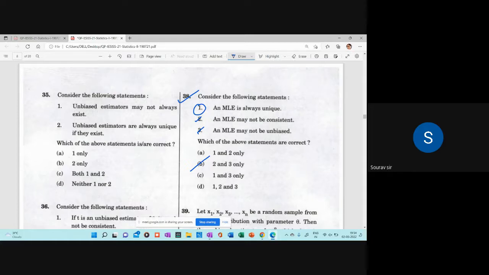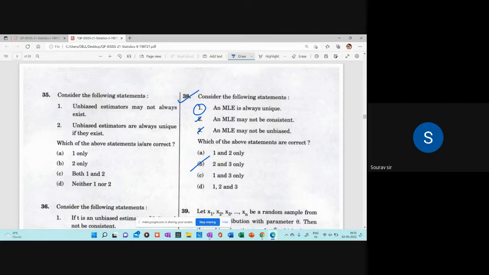That function may not be unique, and you can have more than one function, and as a whole you can choose the convex combination of these two functions as well to find the MLE of that particular distribution. So you cannot claim that the MLE of a distribution is always unique.